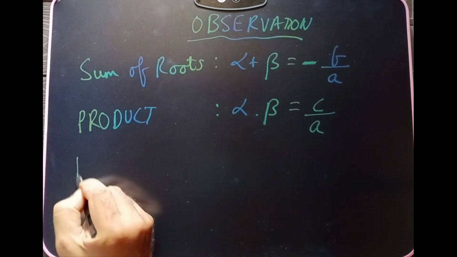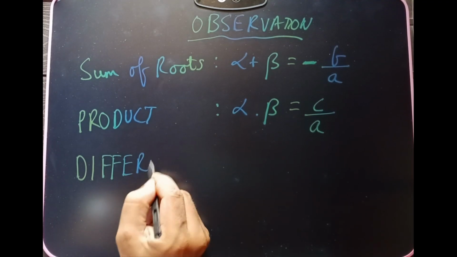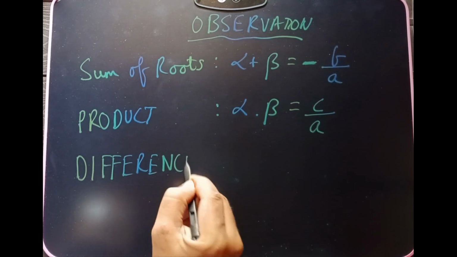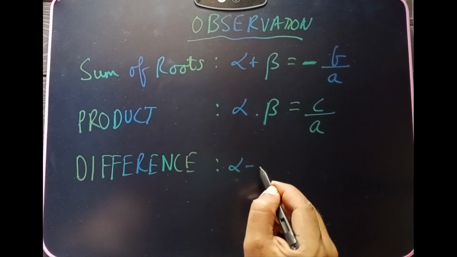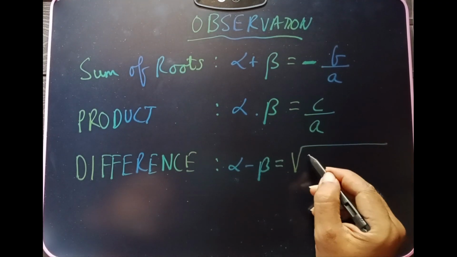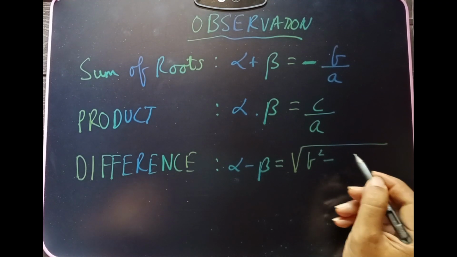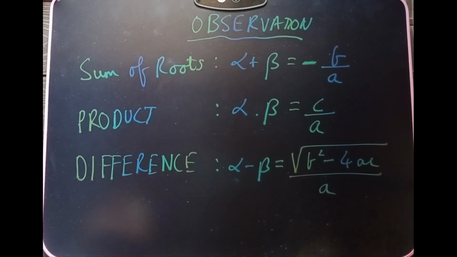The difference of roots is given as alpha minus beta is equal to, obviously, the square root of b square minus 4ac divided by a.